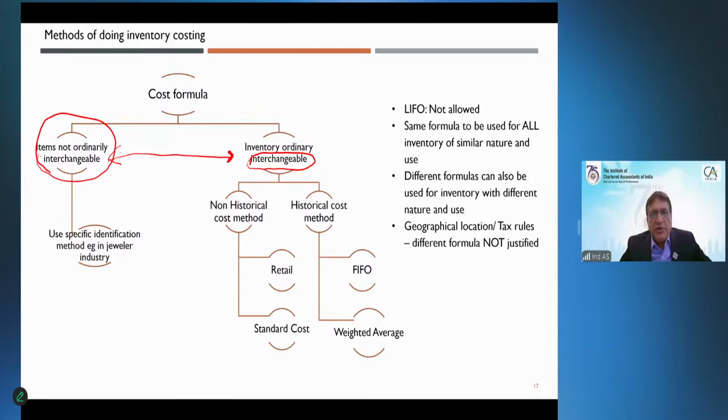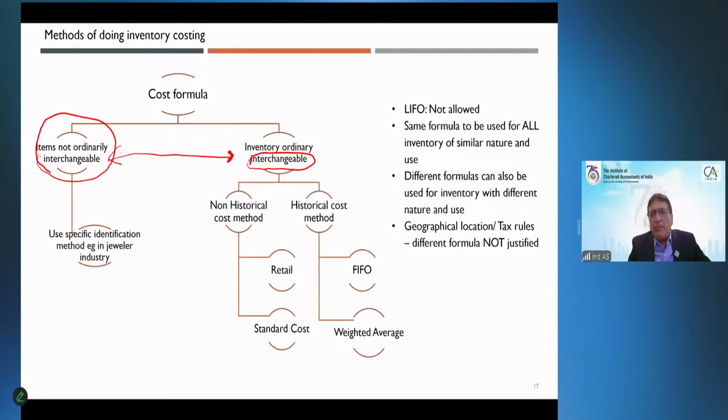Suppose for a particular production, you have to put into a machine a particular important component which is purchased for that particular machine. Or, for example, if you are a real estate company, you take a particular type of marble for high rated units.